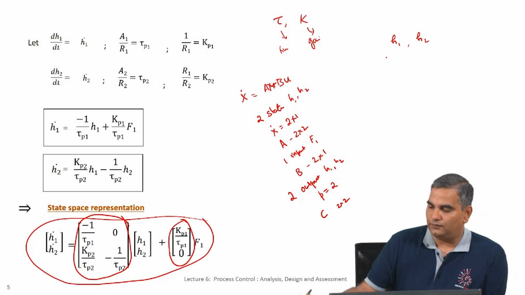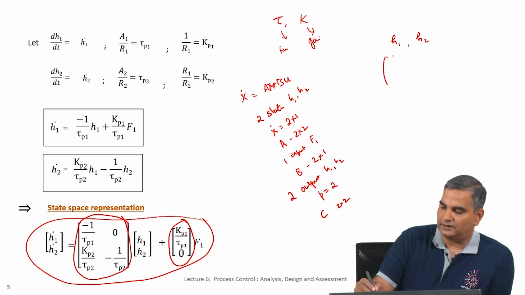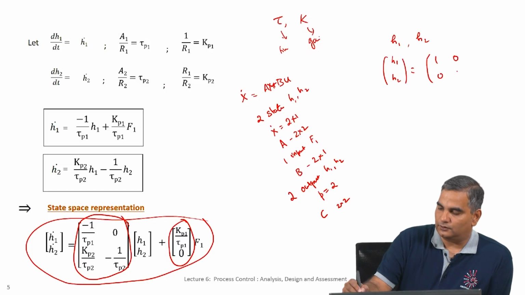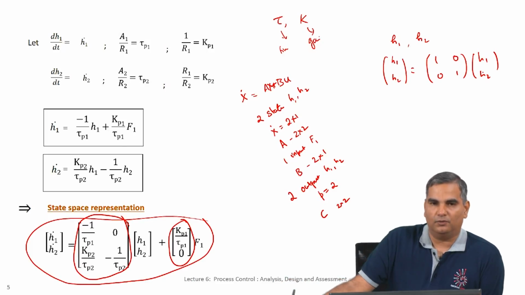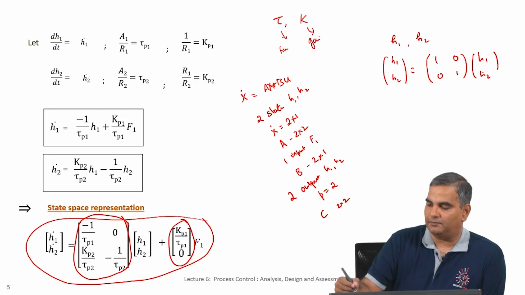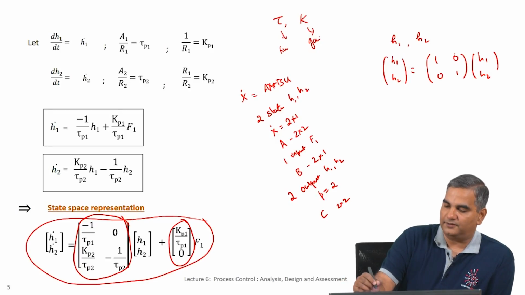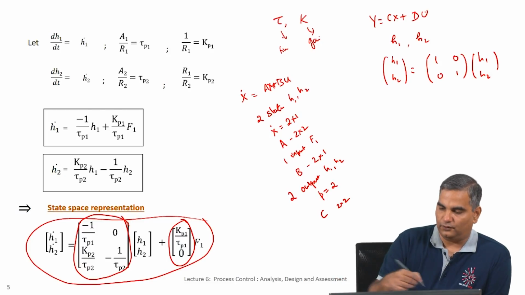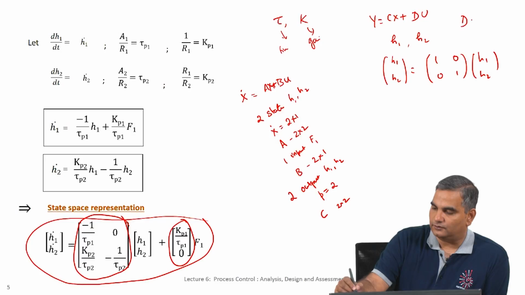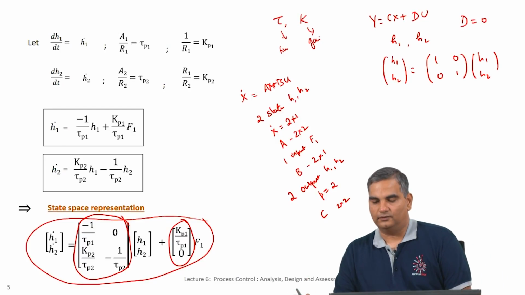The equation you will write is H1 H2 equal to 1 0 0 1 times H1 H2. This says H1 is H1, H2 is H2. Whenever the states and the outputs are the same, you will have an identity matrix for C. In the previous slide I also had y equal to Cx plus Du. In this case, because there is no direct effect of the flow on the output, D equals 0.